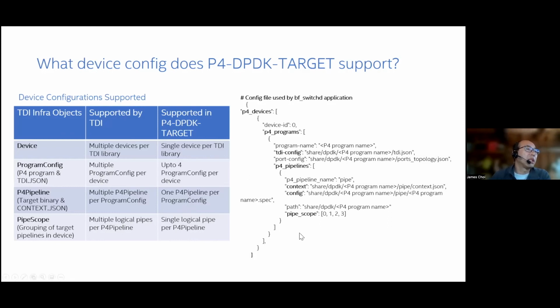On the right-hand side, it's showing the configuration file that is used to initialize the PF switchd application. This configuration file shows the similar hierarchy of these constructs that we just talked about.